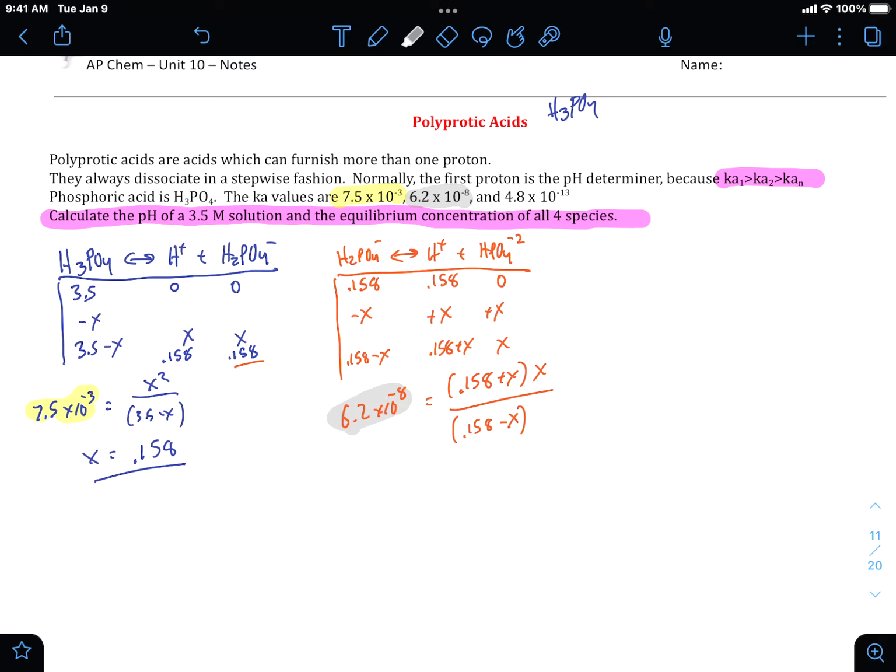And if you are savvy with your equilibrium laws and rules, this drastically simplifies and you don't even need to do a calculation. Everybody see how the addition and subtraction of x can be neglected? And then 0.158 cancels itself out. So that means that x is simply 6.2 times 10 to the minus 8th.